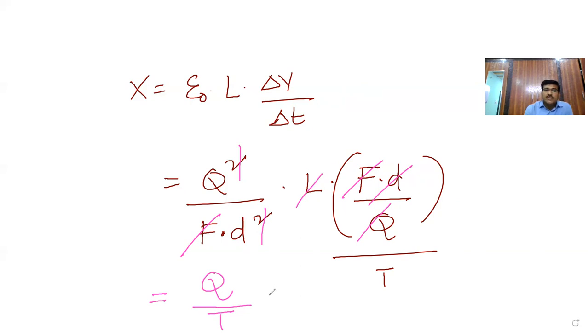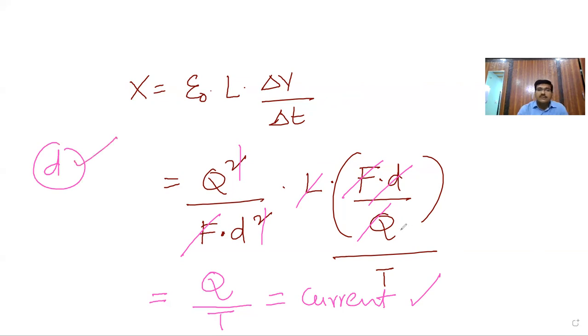What is charge per time? Charge per time is known as current. Here, this is current. So option D is the correct answer. Clear? Okay. Now, let us solve the next problem.